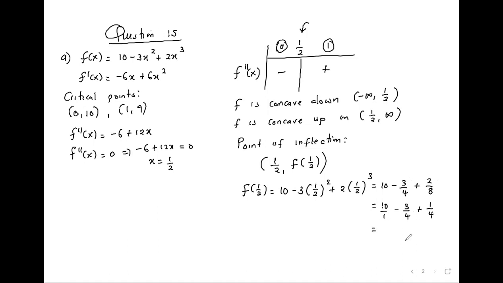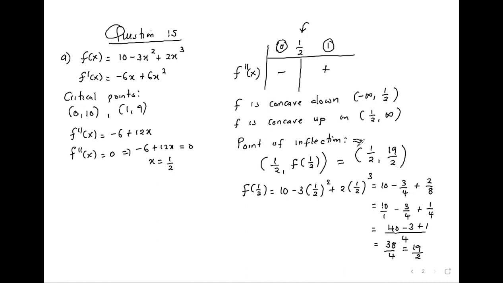With 4 as common denominator, we get 40 minus 3 plus 1, which is 38 over 4, giving us 19 over 2. So we're getting the point as (half, 19/2). This is the point of inflection.